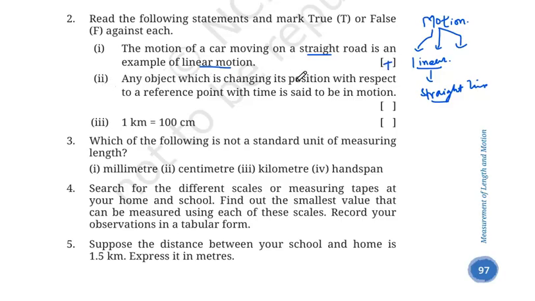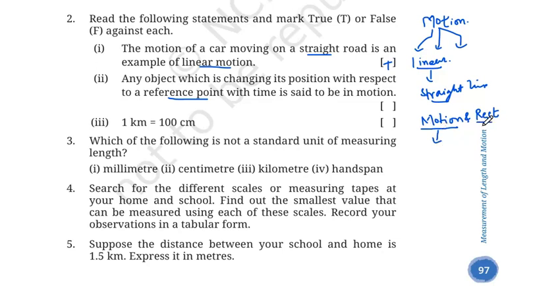Any object which is changing its position with respect to a reference point with time is said to be in motion. Now we also discussed 2 terms, that is motion and rest. Whenever an object is changing its position with respect to its immediate surrounding or with respect to a reference point, then it is said to be in motion.